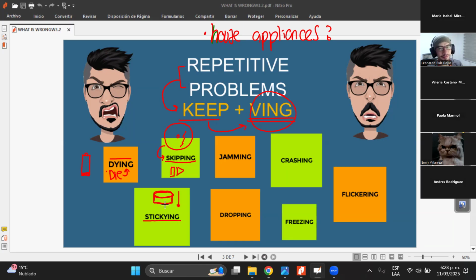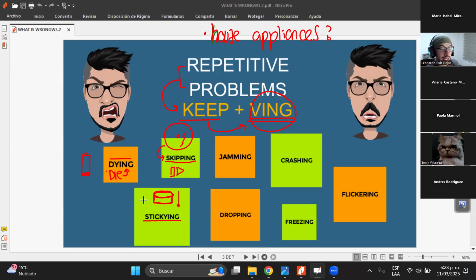For example, if you have a remote controller that is damaged, usually you push the button and the button stays down. It doesn't come back. So when that happens, it's because the button keeps sticking. Or it can happen with the buttons of the washing machine, right? If I push the buttons of the washing machine, but they do not come out, it's because they keep sticking.